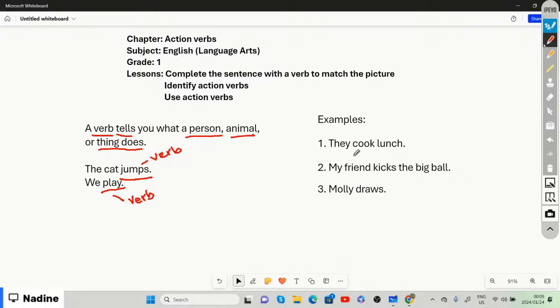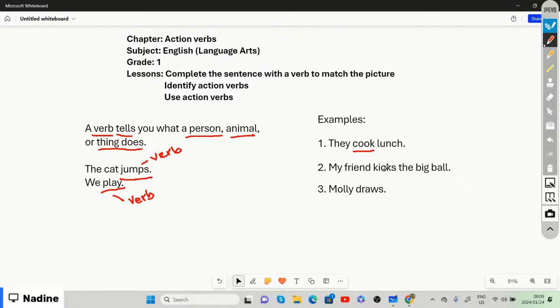If we identify the verb, or the thing that is being done within the sentence, we can say it is cook. It's like asking yourself, what are they doing? They cook, right?